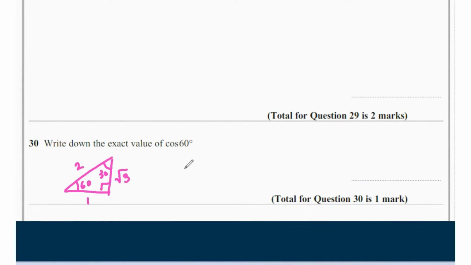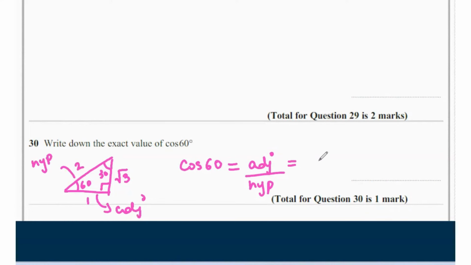So cos 60 is basically adjacent over hypotenuse based on SOHCAHTOA. Adjacent is that length on which the angle lies. So this is your adjacent and hypotenuse is always the diagonal. So cos 60 is going to be 1/2 or 0.5.